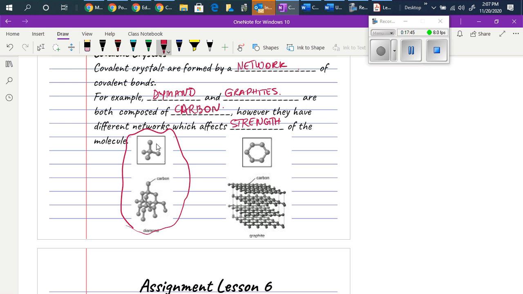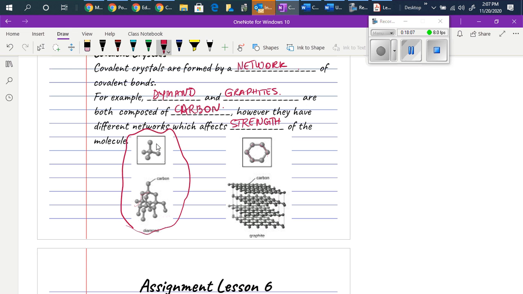The way that it is formed is like they are connected like a pyramid. And what is happening with graphite is it is formed in plies, but they are between each other, so you can easily slip them.